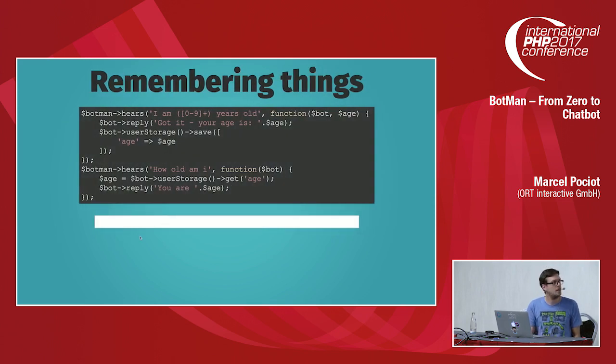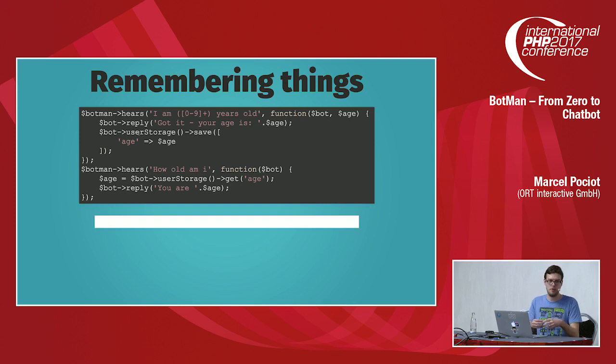Now, BotMan also provides the ability to store information that's related to the user. So this was actually the code that was executed when I wrote I am 32 years old. And what it does is it uses the user storage, and then it saves, which is just a key value store. It's just a JSON file underneath. And it stores the age to the user.